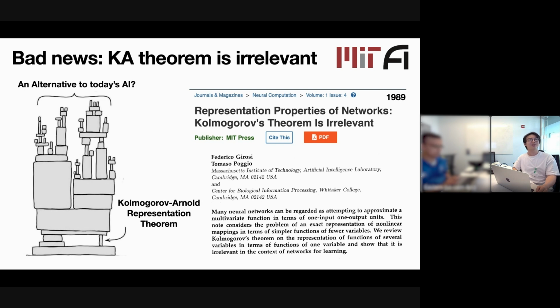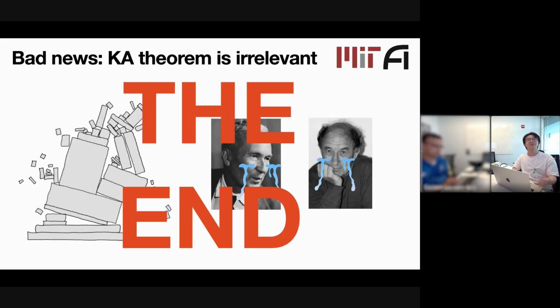That seems to be really bad news for the idea of building neural networks using this KA representation theorem. In particular, they note in their paper: we review Kolmogorov's theorem on the representation of functions of several variables in terms of functions of one variable and show that it is irrelevant in the context of networks and learning.